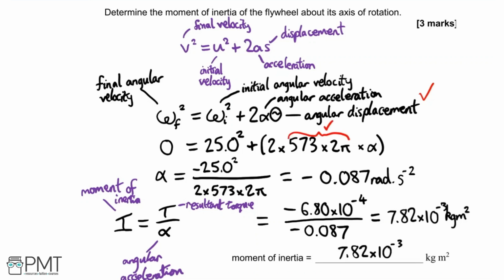The third mark will be for correctly calculating the angular acceleration. If the unit isn't included, you still get the mark. And another mark is possible for using the moment of inertia, torque, angular acceleration equation to calculate the correct answer. But remember, there's a maximum of 3 marks available here. So 3 marks there.